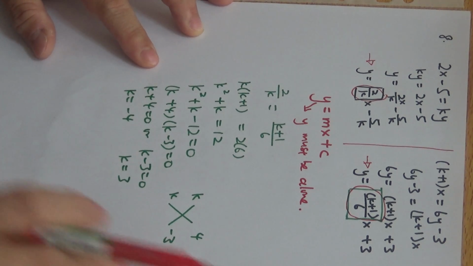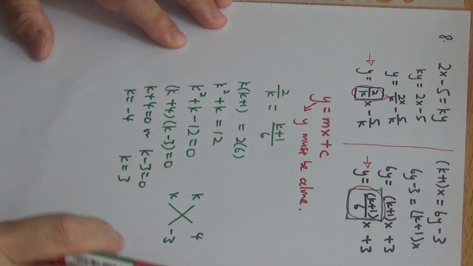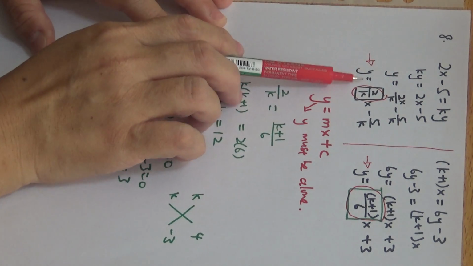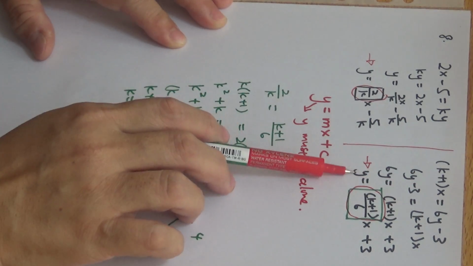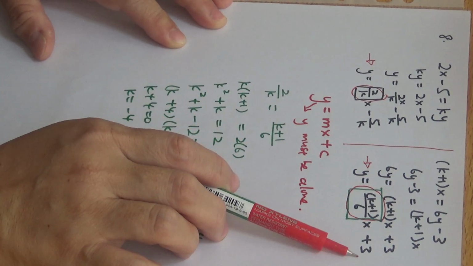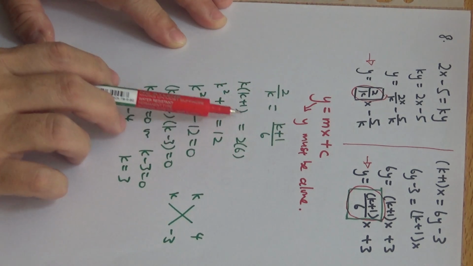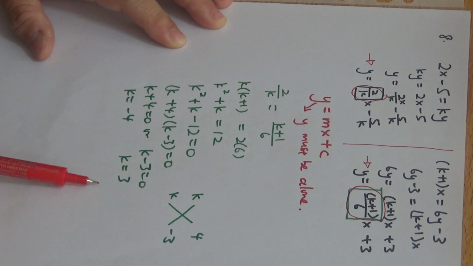Now if at any part you need to pause the video to take down notes, please do so. I'm going to explain once again. I rewrite this equation into the form y equals mx plus c. This equation is also in the form y equals mx plus c. And since the gradient is the same, I equate the gradient and I use a quadratic equation to solve the question.